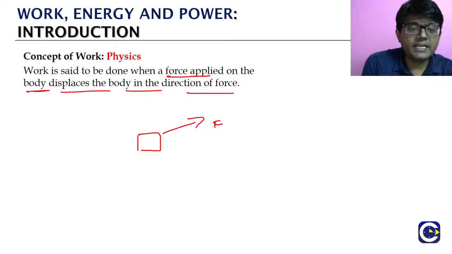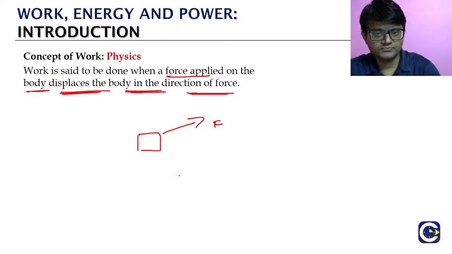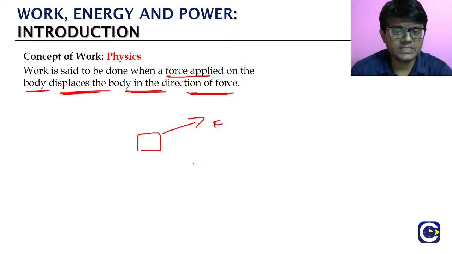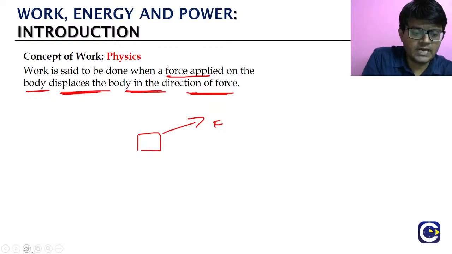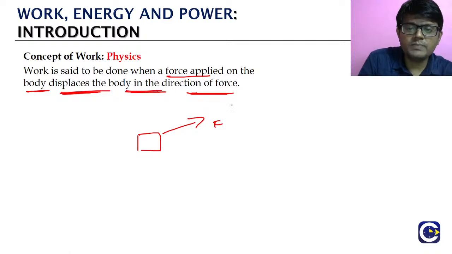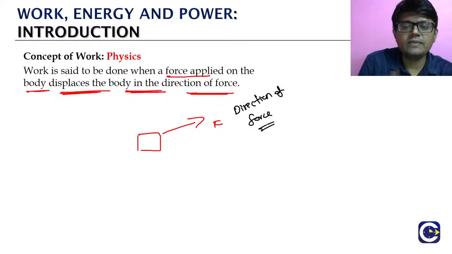If there is a displacement of the body in the direction of the force, say this arrow represents the direction of the force, then there should be some displacement in the direction of the force. Only then work is said to be done. If there is no displacement in the direction of the force, then work is not considered in the context of physics.